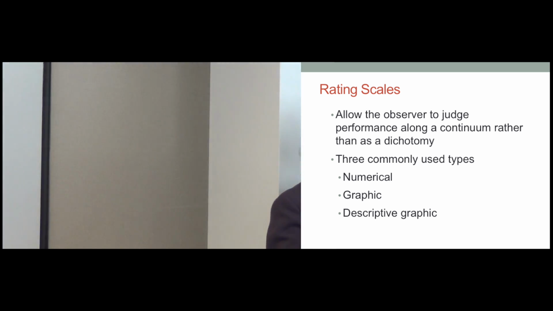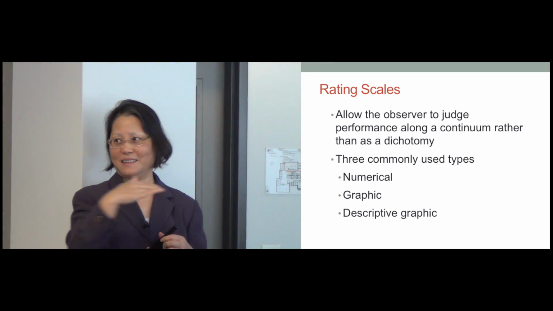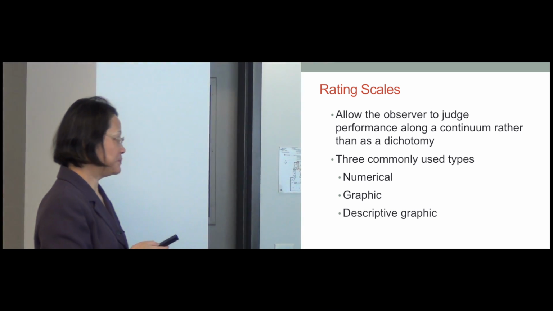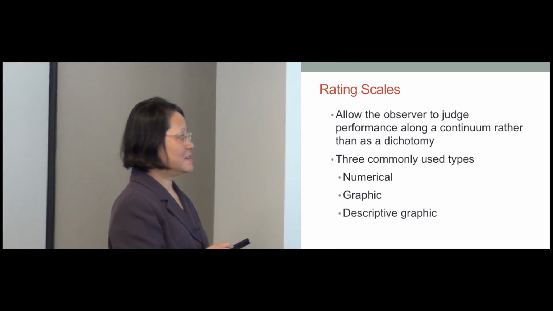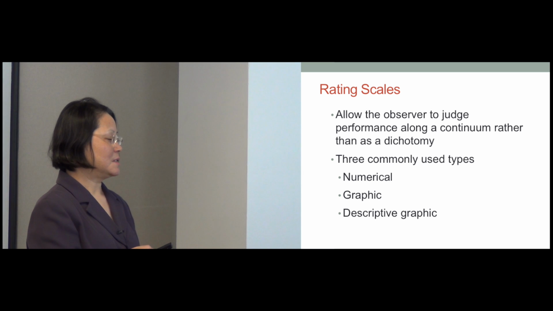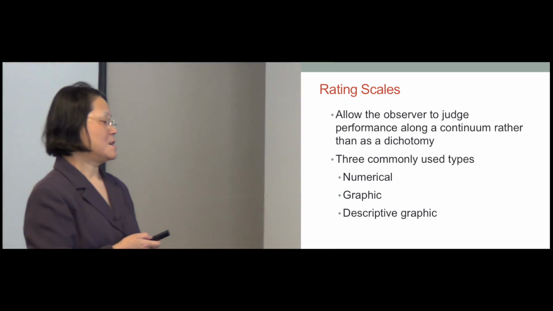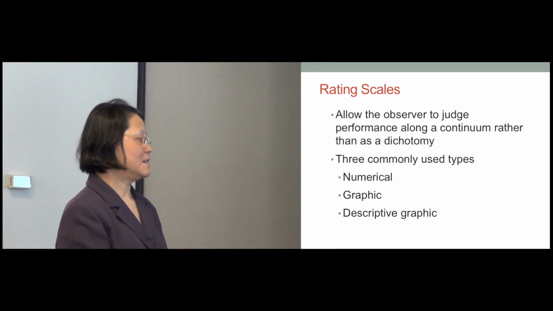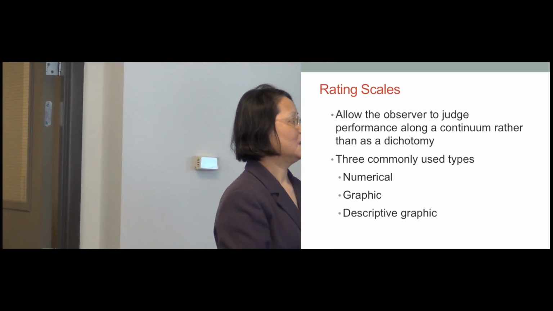Not just did it or did not do it. You want to see how they did along this horizontal line. There are three commonly used rating scales. The first one is called numerical, then graphic, and the last one is called descriptive graphic.